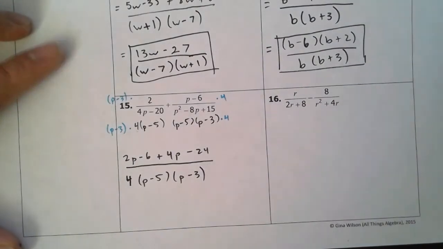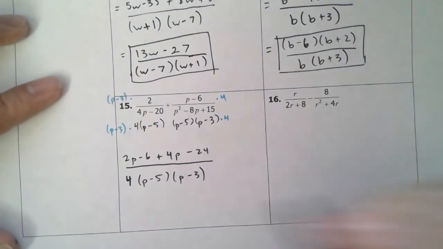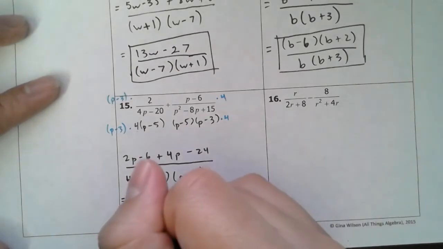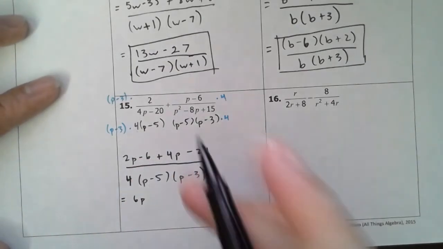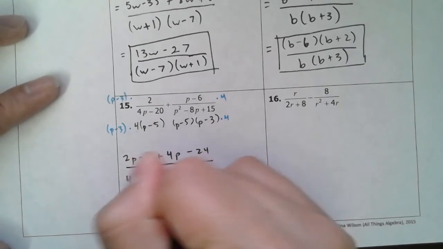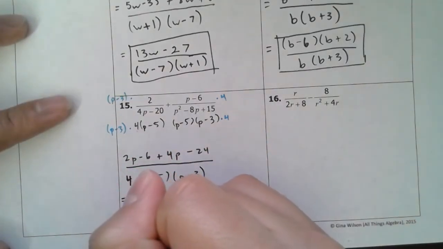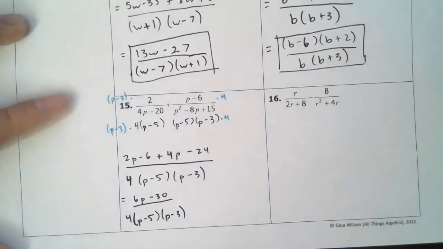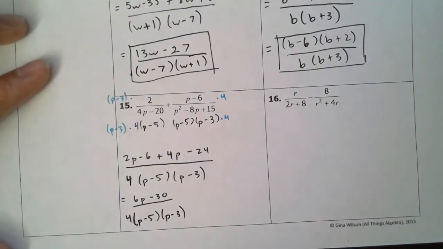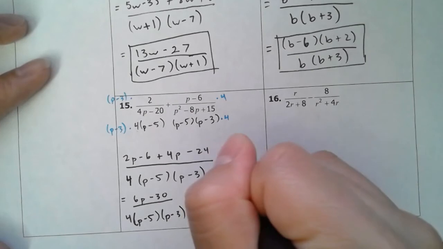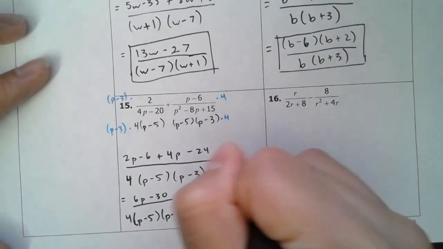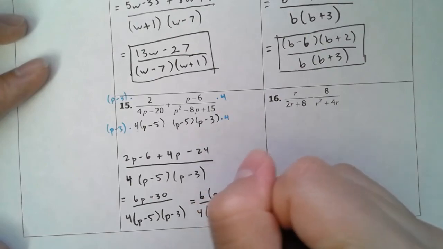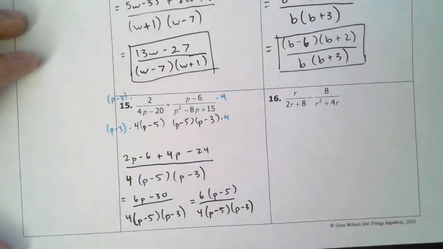Let's combine like terms. I get 2p plus 4p, I get 6p, minus 6 minus 24, negative 30, over 4 times p minus 5, p minus 3, and then I think I can factor out a 6 on top, so I get p minus 5 over 4 times p minus 5, p minus 3.